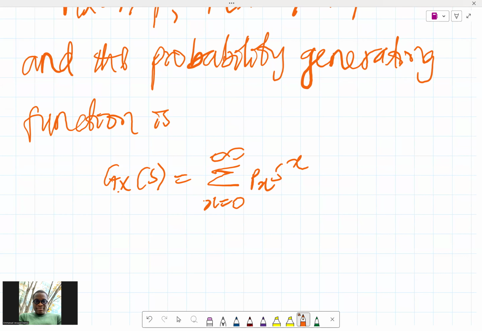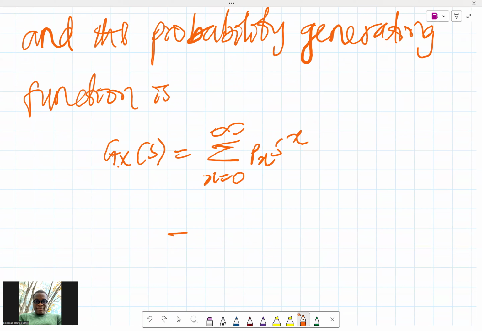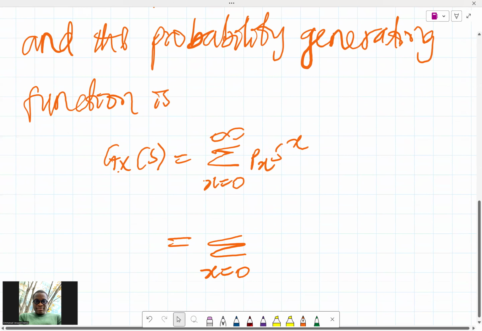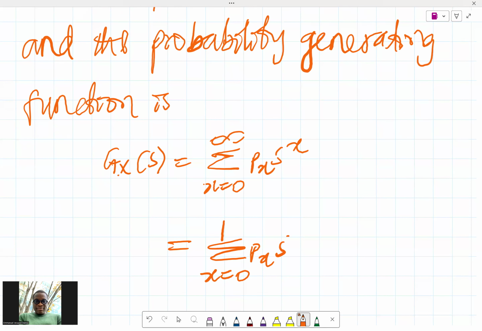That's the usual thing, right? But in this case, we have just two scenarios, 0 and 1. So the summation is from x equals 0 to 1 of p_x s^x.